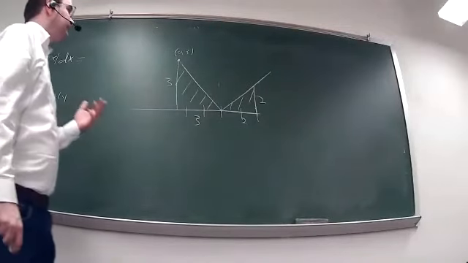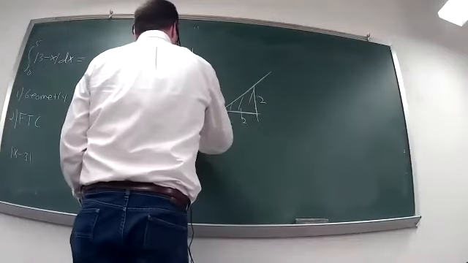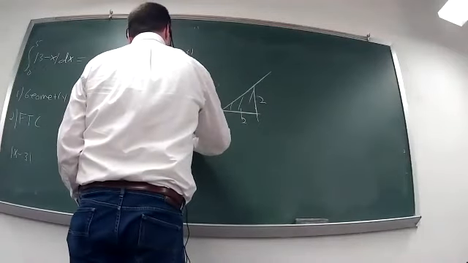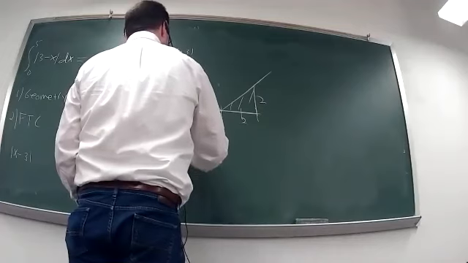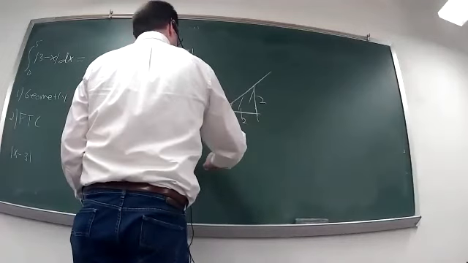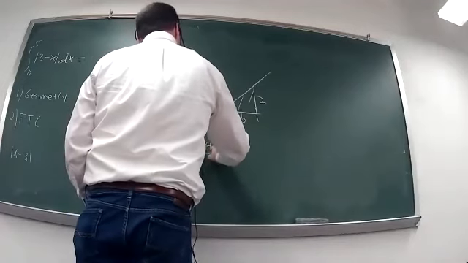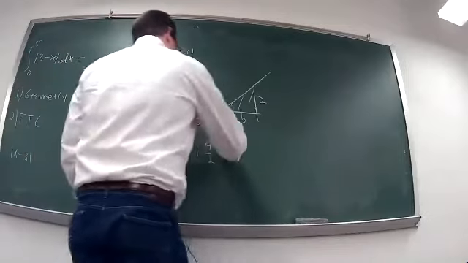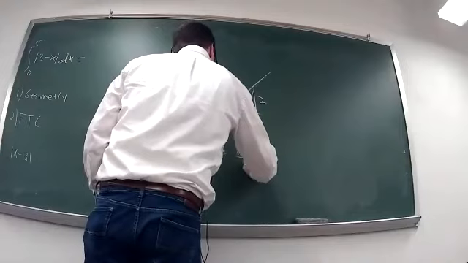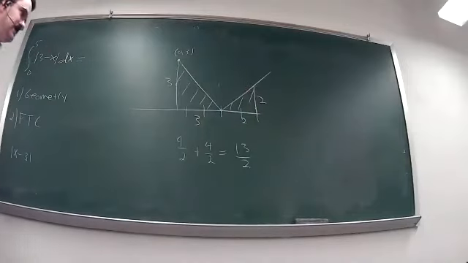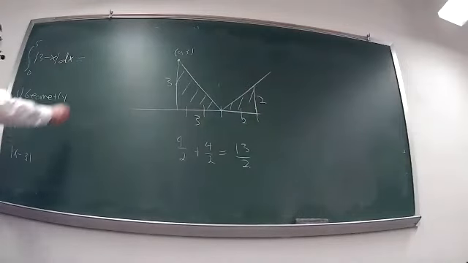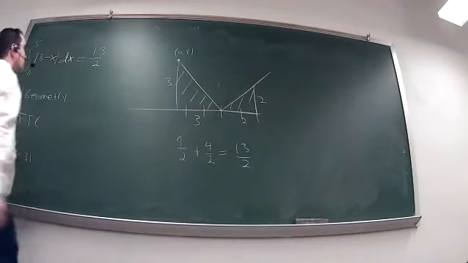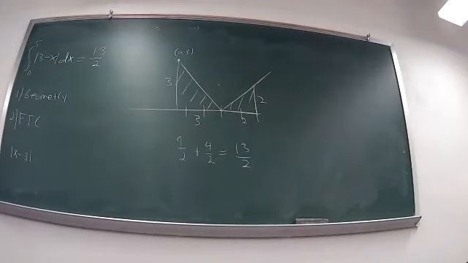So the area of this one is 1/2 of base times height, so that's 9 over 2. And then this one would be 1/2 of base times height, so 4 over 2. So I'm getting 13/2 as my answer to that integral using geometry.